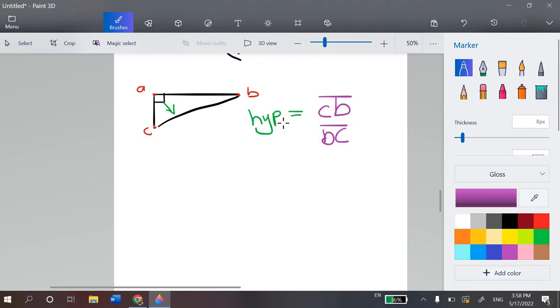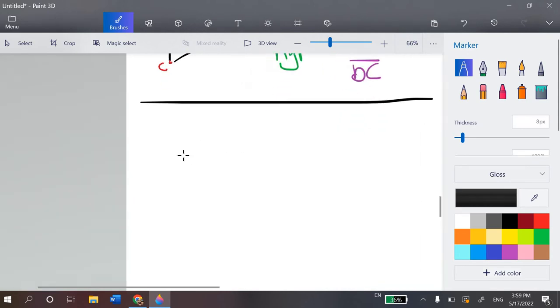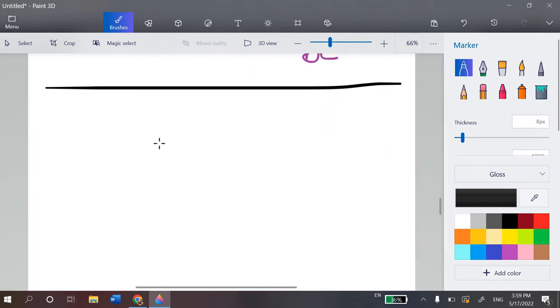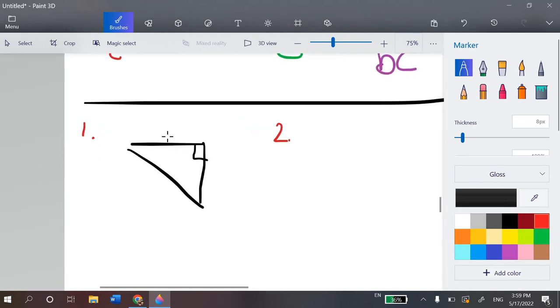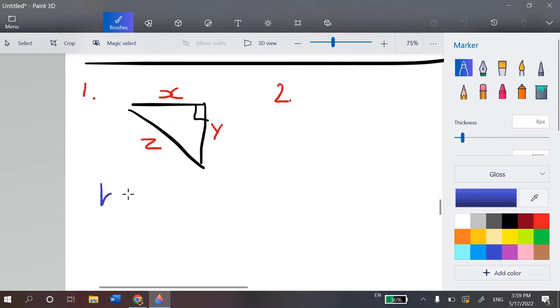Next, I want you to find the hypotenuse for these questions. Once I put up the questions, you can pause the video, write them down in your notebook, and do the questions for me. Question 1, triangle 1, and triangle number 2. 90 degrees, X, Y, Z. Find for me which side is the hypotenuse.